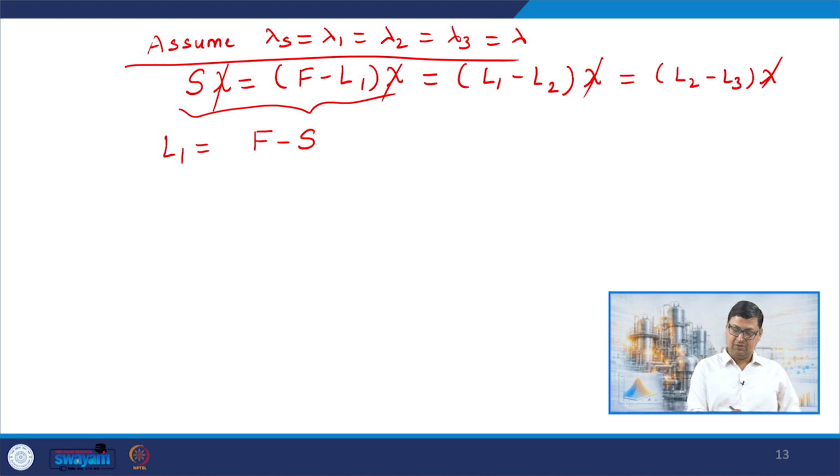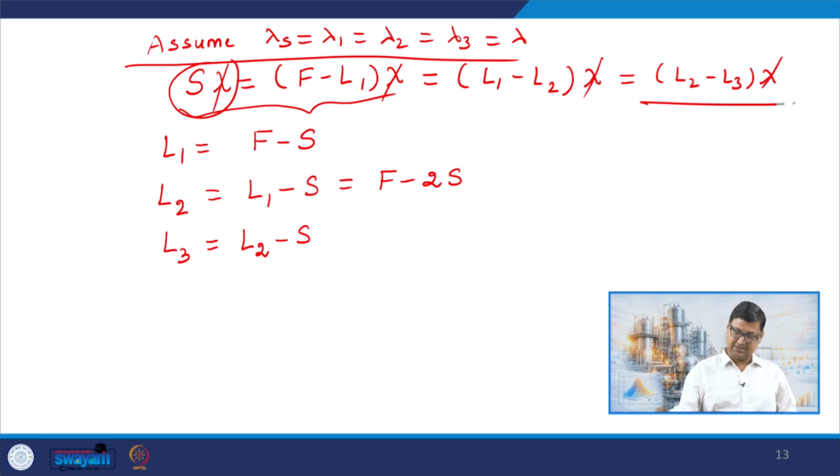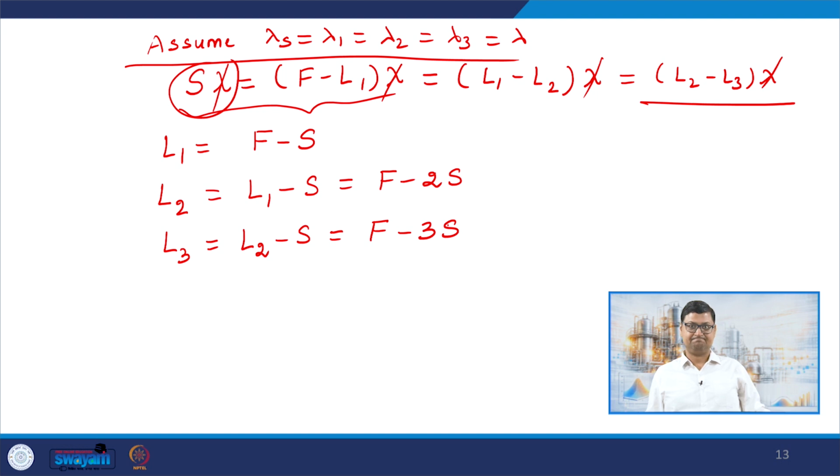And now L2 will be equal to L1 minus S, which will be F minus 2S, and L3 will be equal to L2 minus S if I use the first and last equation, and that will be equal to F minus 3S, right.